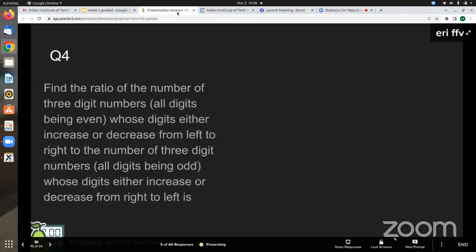So do we have to consider 0 as even or not? Yeah, 0 is even.